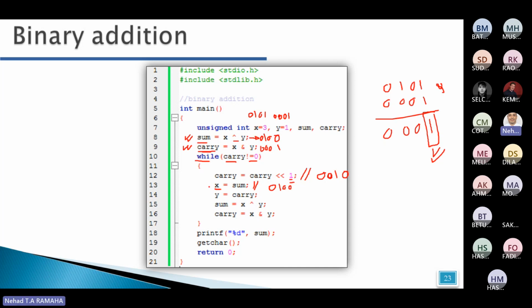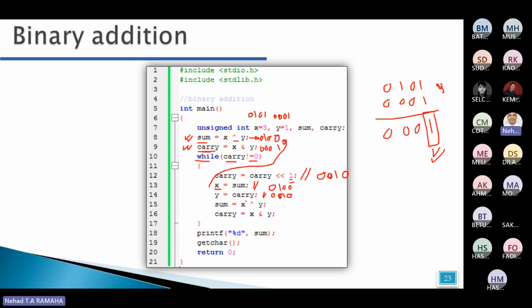This is the value of the summation from here. And y equals the carry. So we make x the summation from outside and y equal the carry after we make the shift. Yes? So it's 0, 1, 0, 0.